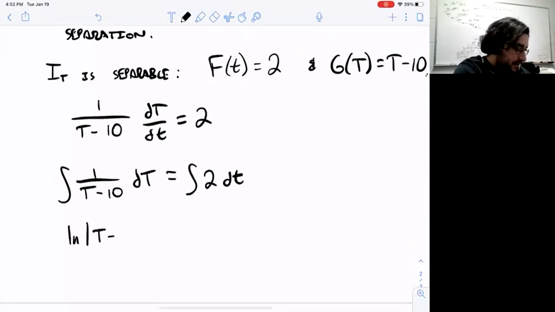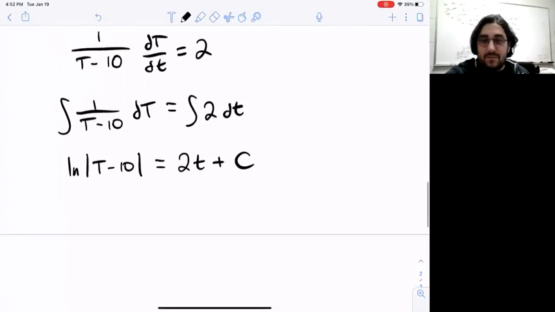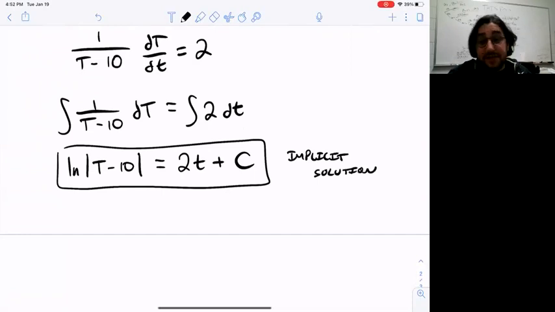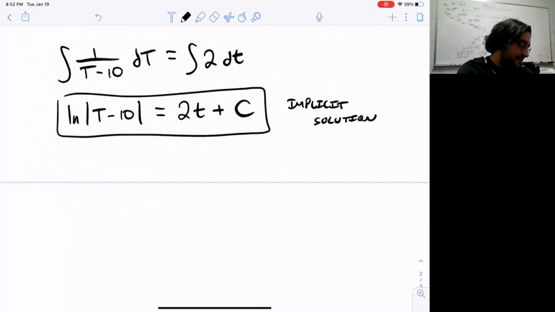We get log of T minus 10 equals 2t plus some constant of integration. Now, you could leave it like this, and this would be an implicit solution. You can even check your solution using implicit differentiation, so this is a perfectly good stopping point. But it would be sad to stop there because we could go further. We could try to solve for big T. So take e to both sides.